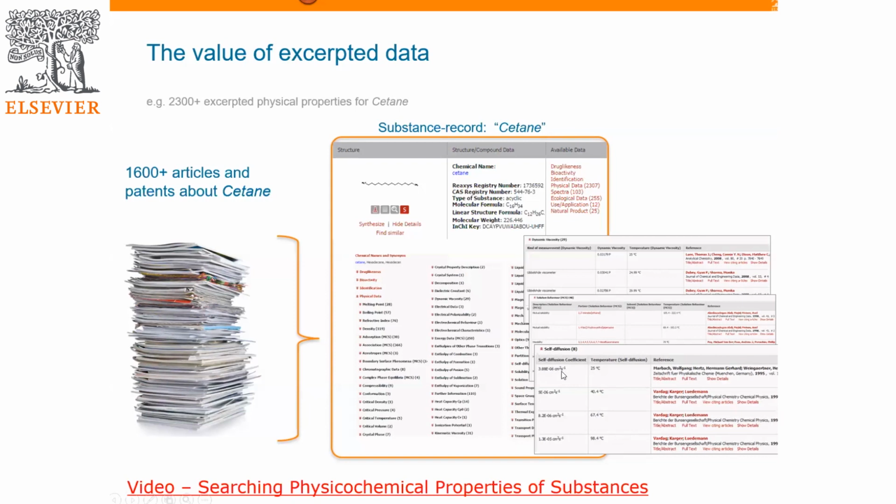There is a number with units, but we also try to deliver the conditions under which this number was obtained, because under different conditions, for example different temperatures, the self-diffusion varies seriously. From these numbers, you can use predictive models using the Reaxys export capabilities, or you can get insights and understand the behavior of your compounds and the logic behind it.